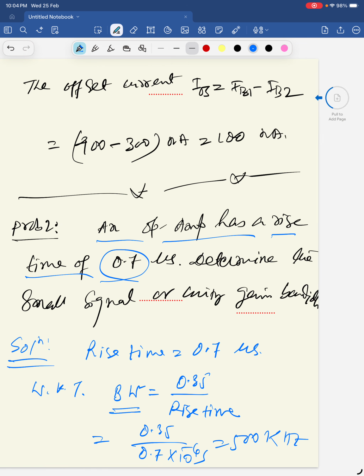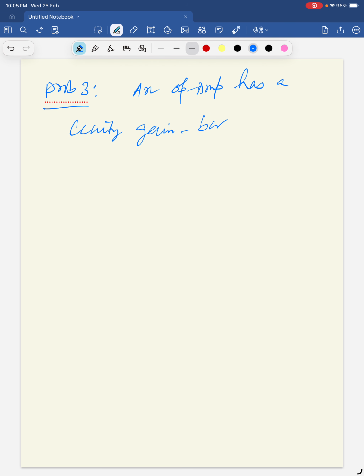Now problem number 3. What is problem 3? Now an op-amp has a unity gain bandwidth of 1.5 megahertz, that is given.